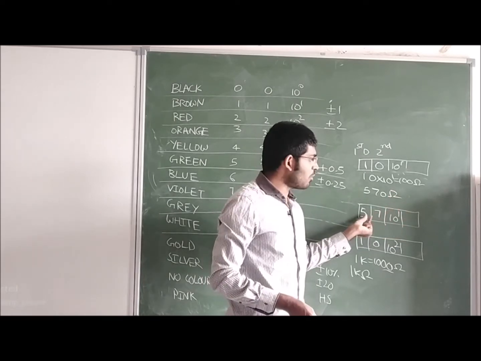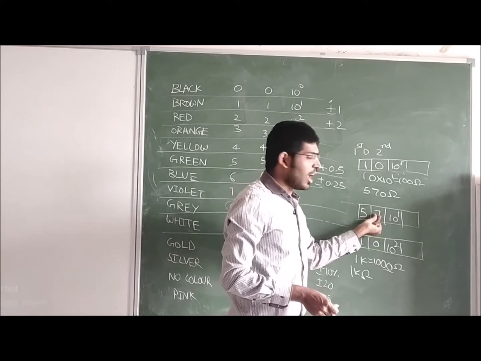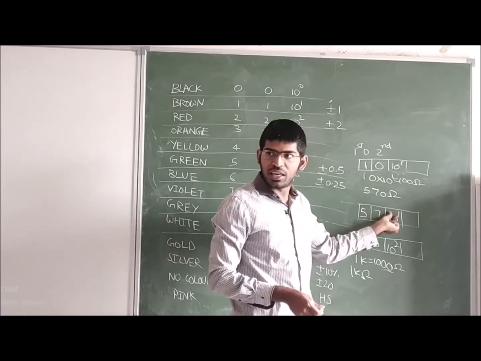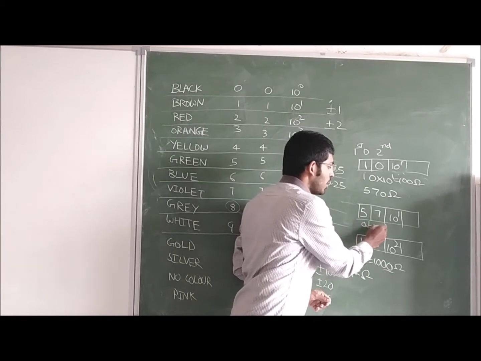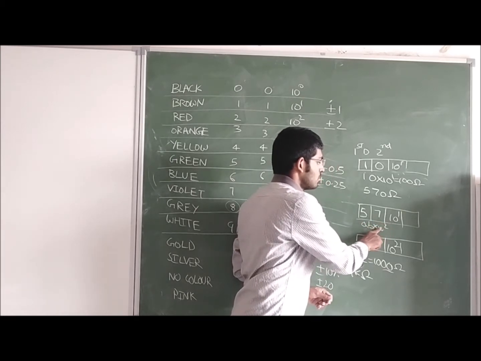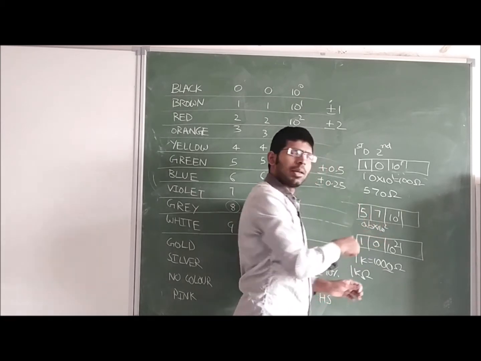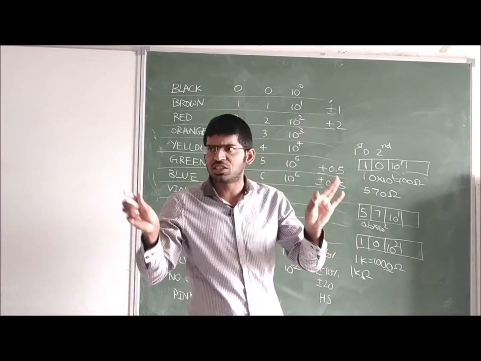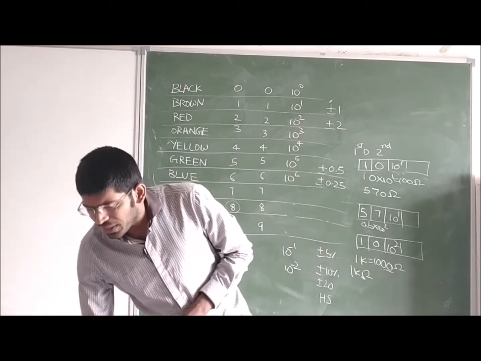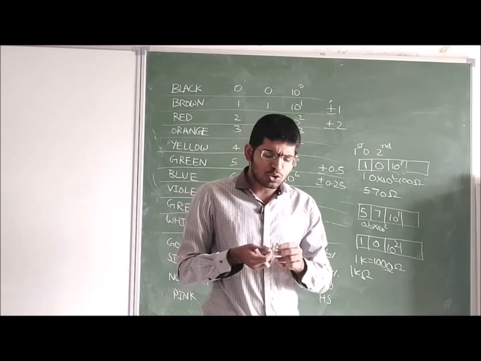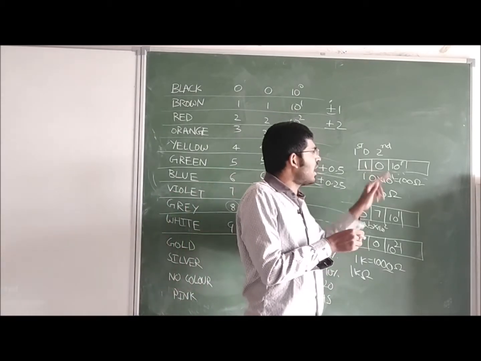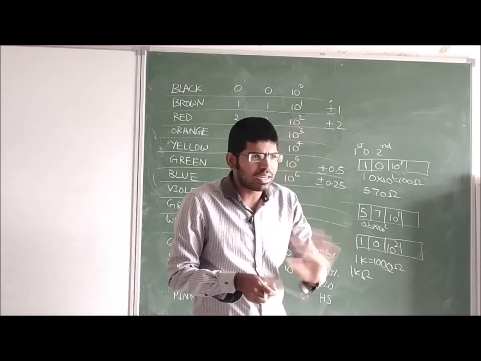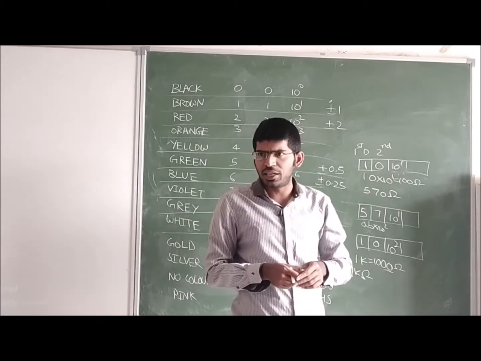Now when we have some value A, value B and value C here, then the value AB into 10 to the power C, or 10 to the power some multiplier, gives the resistance value. But as we already discussed, when there is no place to enter any value, how can I enter 1 or 0? We do not enter any 1 or 0 values here.